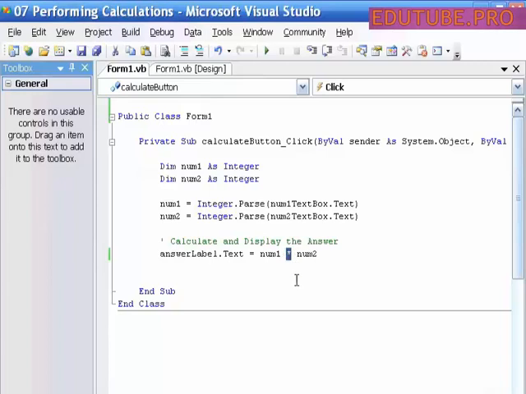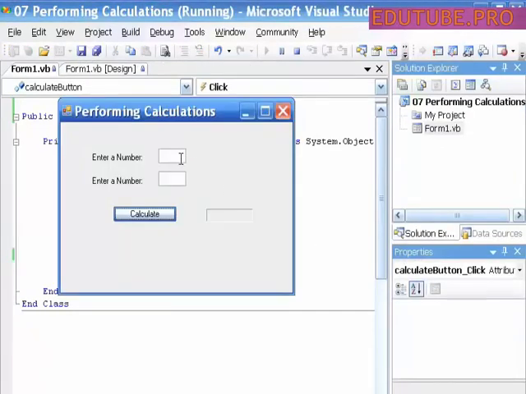Next, we'll change the multiplication symbol to a divide operation, which is the slash, and we can run this program once again, and we'll divide 10 by 3, which yields the answer of 3.3333.